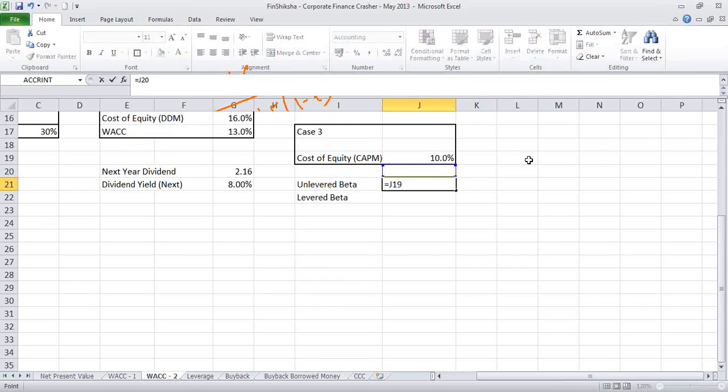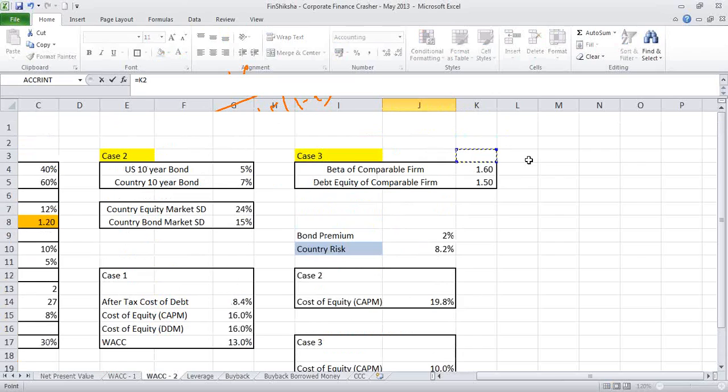So this is equal to 1.6 divided by 1 plus the debt by equity, which is then multiplied by 1 minus the tax rate, which is given here. So effectively, this is what the number looks like. Let me just add a few brackets.